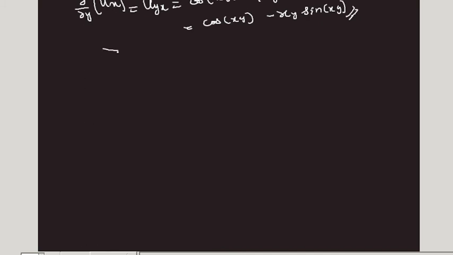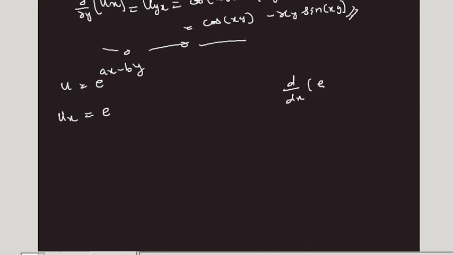So we discussed the last one, u equal to e power ax plus by. So here ux, differentiation with respect to x partially, exponential term is there, so differentiation of e power x is e power x. So first we write as it is, e power ax plus by.